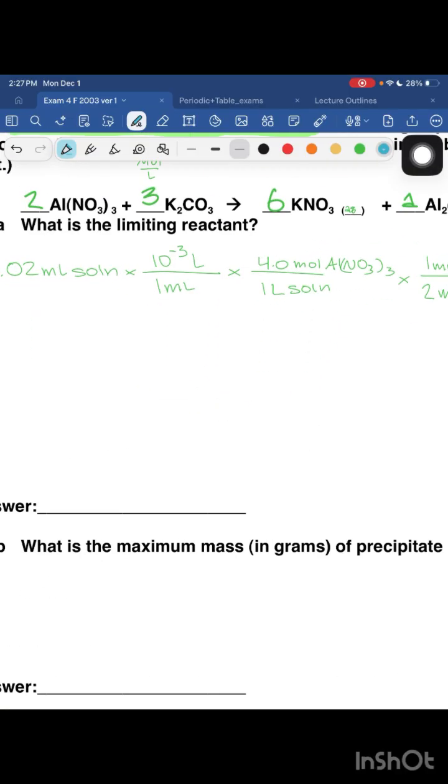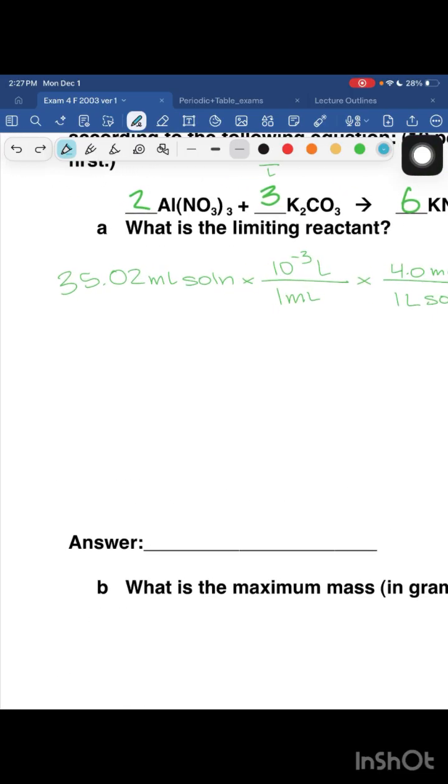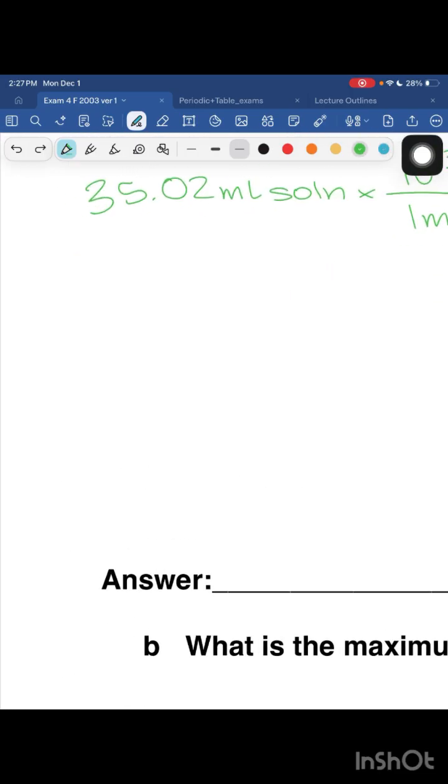We got 2 sig figs from the molarity. So now we have our 50 grams of potassium carbonate.